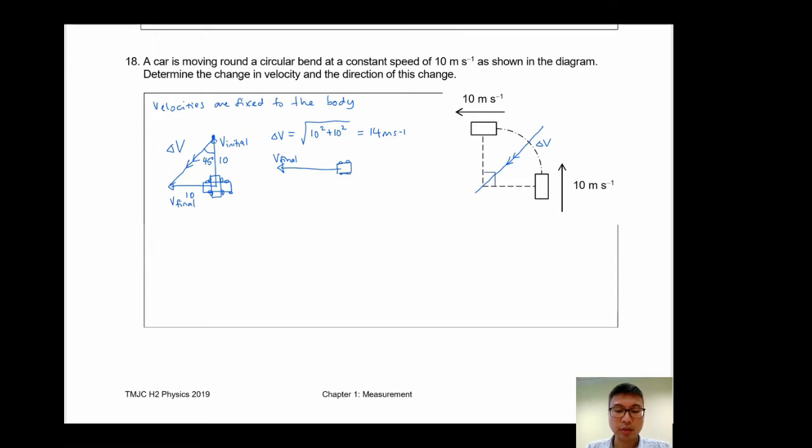Now the change of velocity is in this direction, 45 degrees. This is your change of velocity, right? So the change of velocity is 45 degrees left of the final velocity. So this is the other way that you can use to describe directions with reference to a known or a given vector.